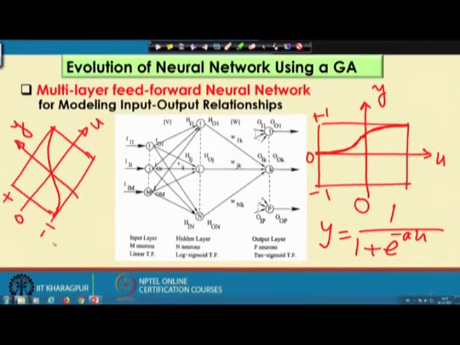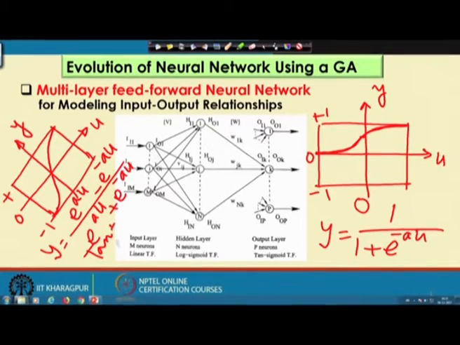The mathematical formulation is y equals e raised to the power a u minus e raised to the power minus a u, divided by e raised to the power a u plus e raised to the power minus a u. Using this expression, you can represent the tan sigmoid transfer function, and this other one is the log sigmoid transfer function.